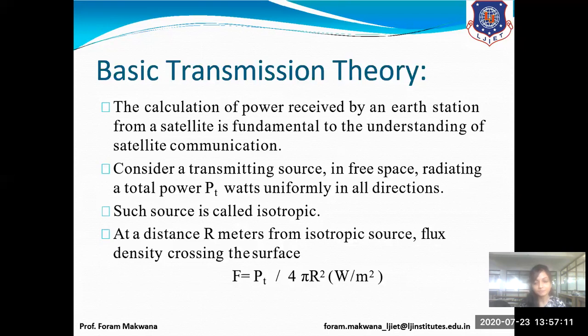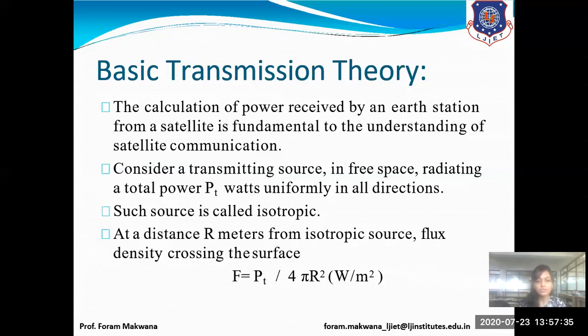That means we have to receive a specific power. Then we need to consider that a transmitting source is present in free space, which radiates a power PT in watts, uniformly in all directions, right?